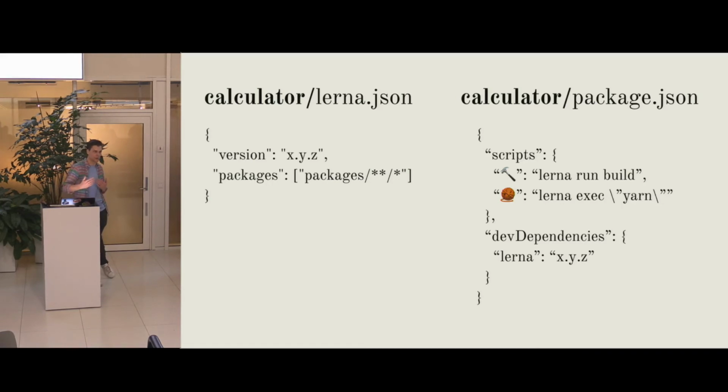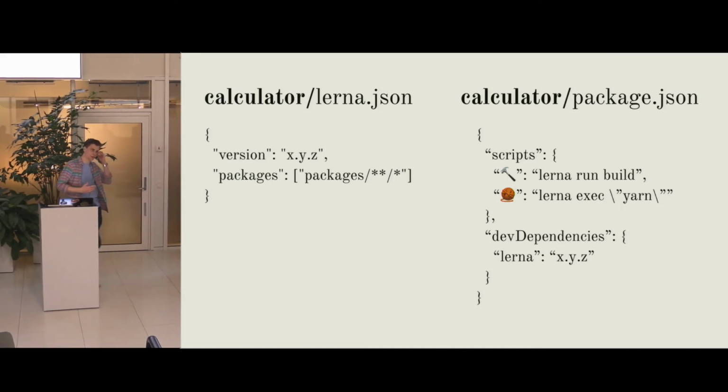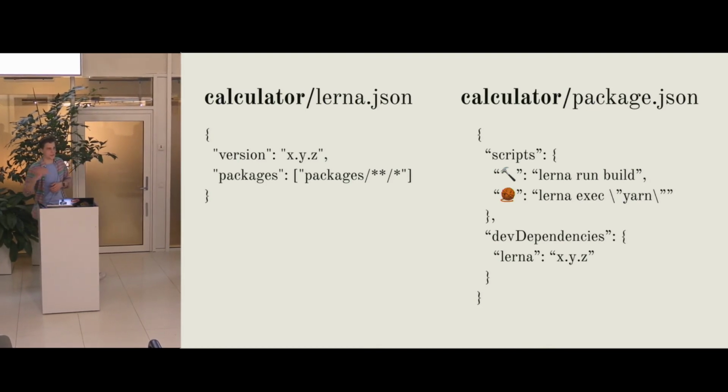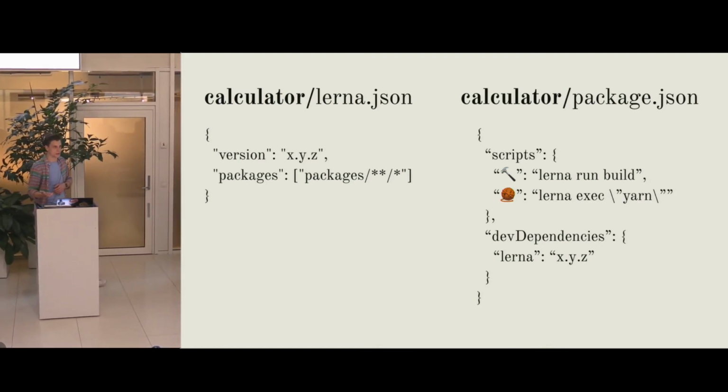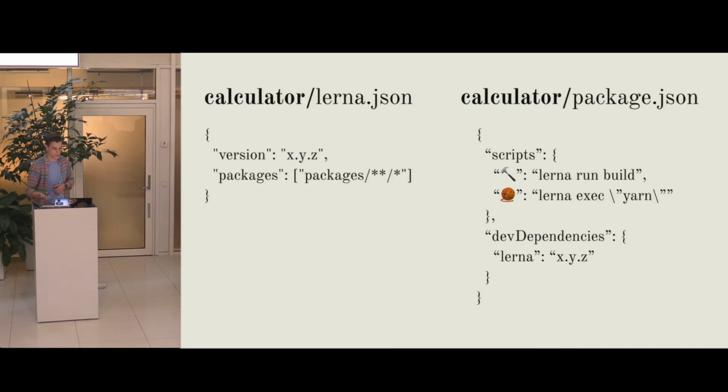So already there we have some smart filtering that you don't have to care about. You only need to declare the stuff that you want to be present in each individual package, and Lerna will figure it out. For exec, for example, that will run it for all the packages. So if you have something that is an install script or whatever, it will just propagate through the entire thing. There's another like a billion things that you can do. Feel free to Google it.